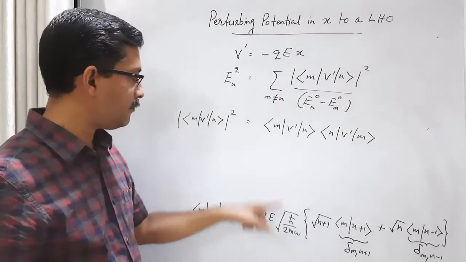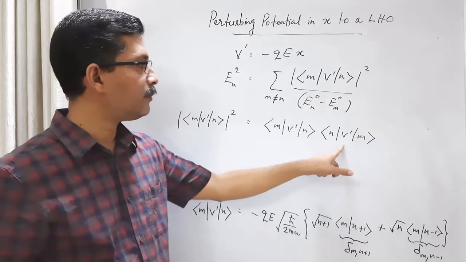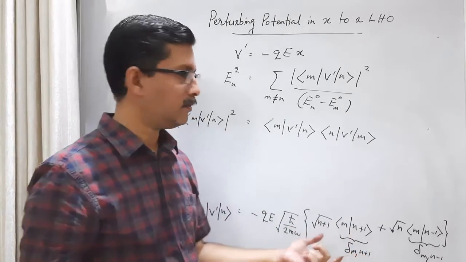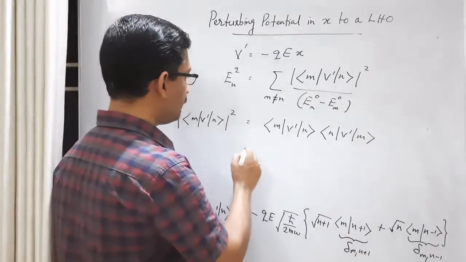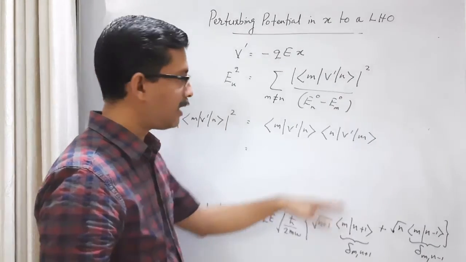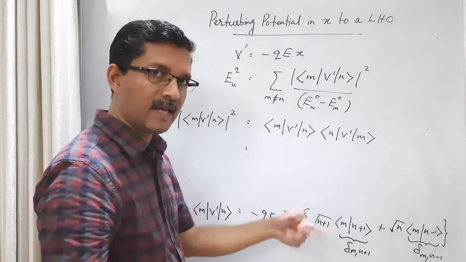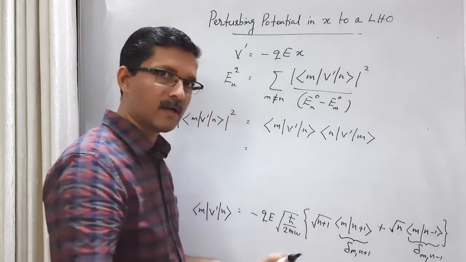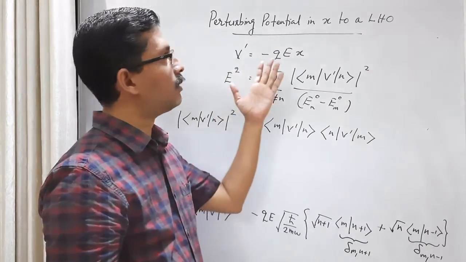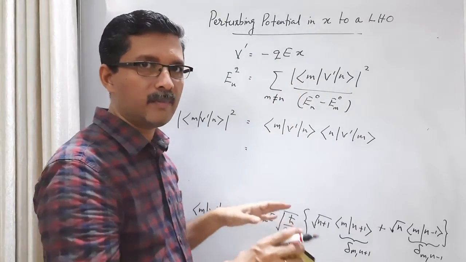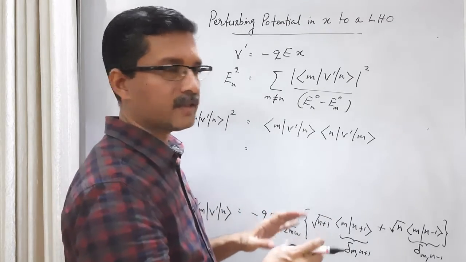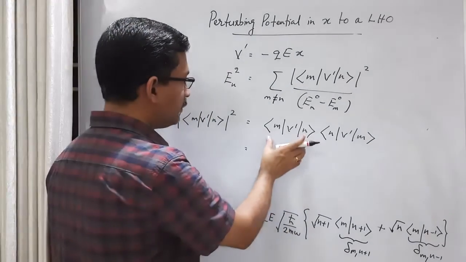Now we know what is m V prime n. Then what is n V prime m? A term similar to this one, only thing is that n and m are interchanged. So this product will contain a term like this and a term like this one with n and m interchanged. So let me first write down the entire term. Maybe in the previous calculations on x square potential and x raised to 4 potential I have made this argument, but let me repeat once again, and then we will find out a shortcut of writing down the result. So this into this.